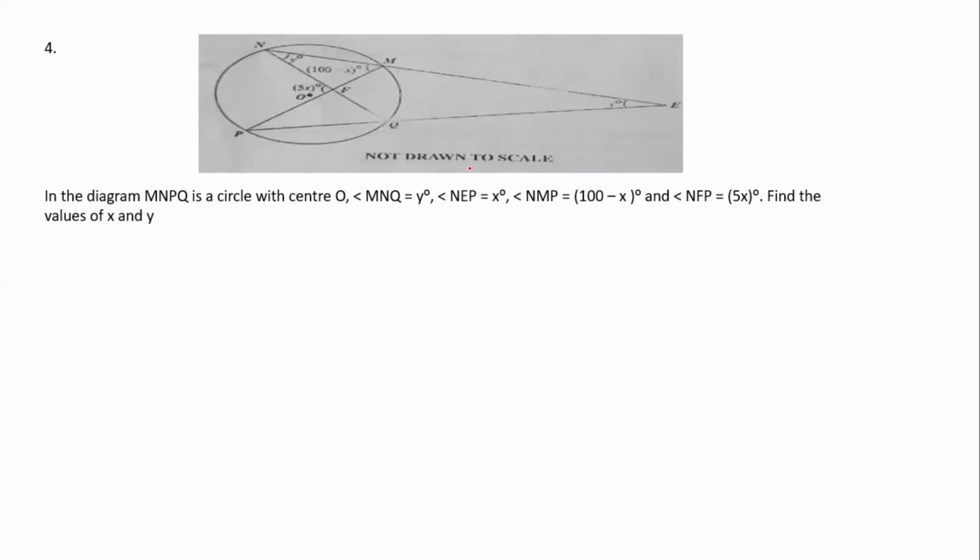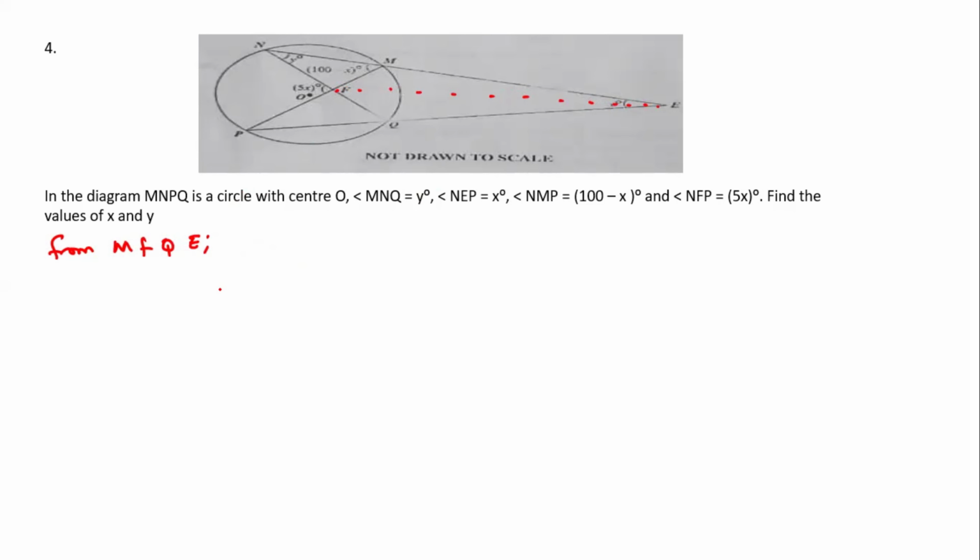So the first thing to do, from MFQE, you can divide it into two. You divide it into two because it's a secant.